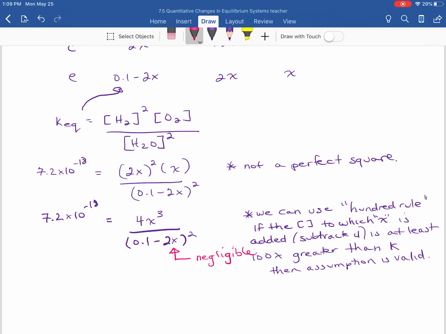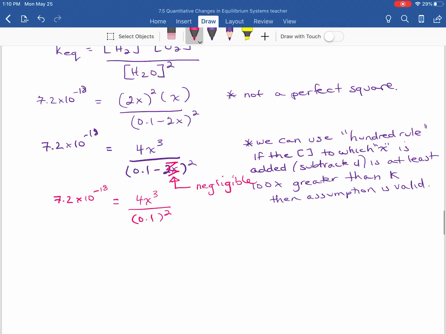And the reason I like the word negligible is that the minute I see negligible, I think easier math. Thank God. So if this is negligible because the reaction didn't go forward, we can just rewrite to this. Now, you're going to have to go back and verify that this assumption is valid. If it's not valid, guess what? Math time.